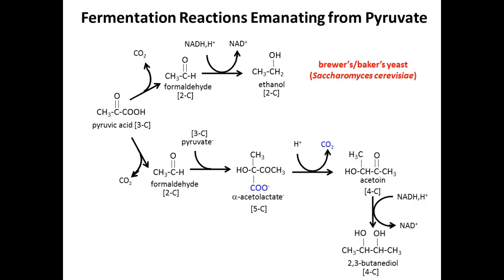Very good. So the VP test tests for 2,3-butanediol, the ability of the organism to produce it, but what actual chemical are our reagents reacting with? An intermediate, acetoin. You are actually detecting the presence of acetoin today.